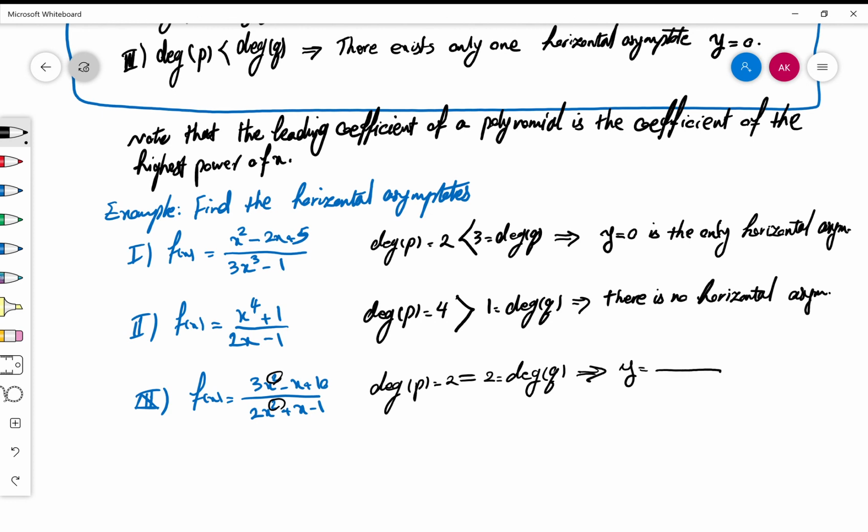Find the coefficient of the highest power of x in the numerator, which is 3, and the coefficient of the highest power of x in the denominator, which is 2. Y equal to 3 over 2 is the only horizontal asymptote.